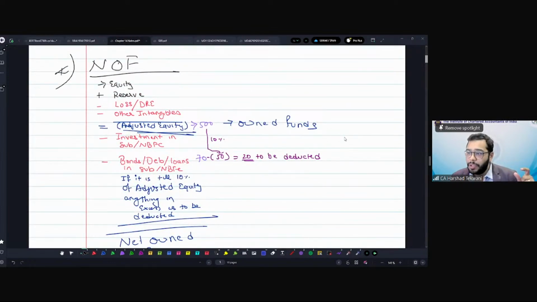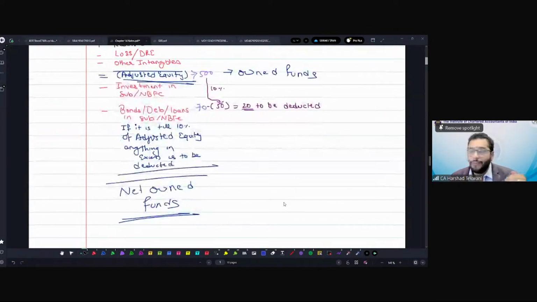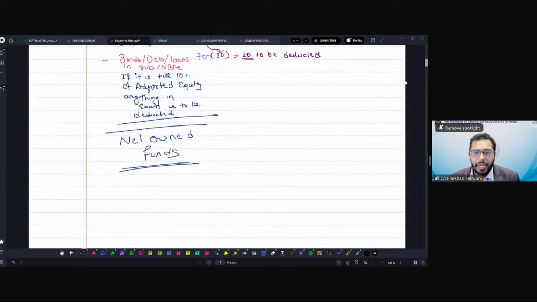When I talk about own funds, if you reduce own funds by the investment in shares of other NBFCs and perpetual debt instruments, 15% and everything we discussed, we get the tier 1 capital. This is the tier 1 capital. We discussed tier 1, tier 2 capital in the last session also. Yeah, over here, see.